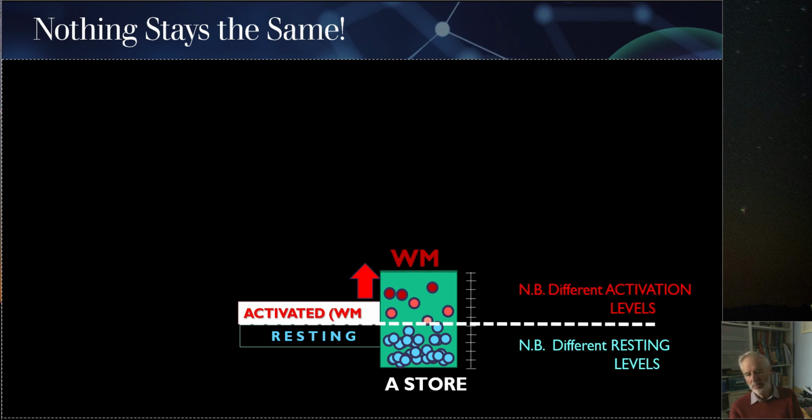So there are some at the top which are intensely activated. I'm using the metaphor of height here, and some which sort of grudgingly appeared just above the white line. These are ones which haven't been activated very much in the past, so they've got a rather low resting level, and therefore they've got a rather low activation level.